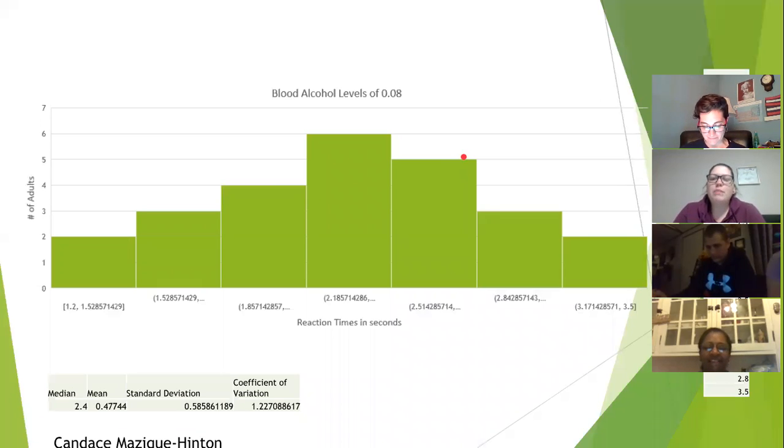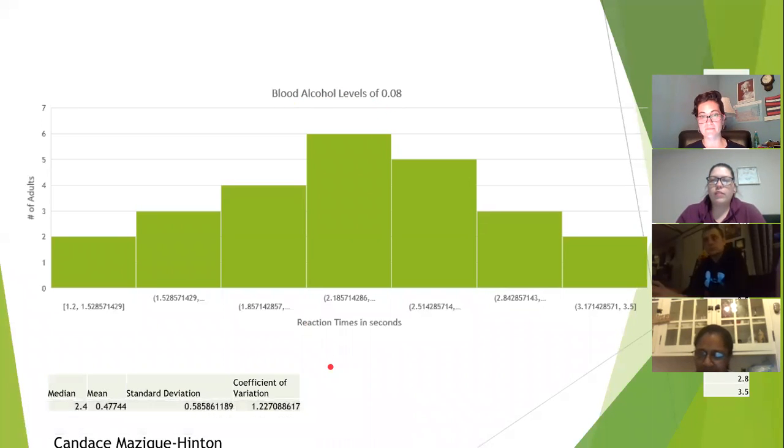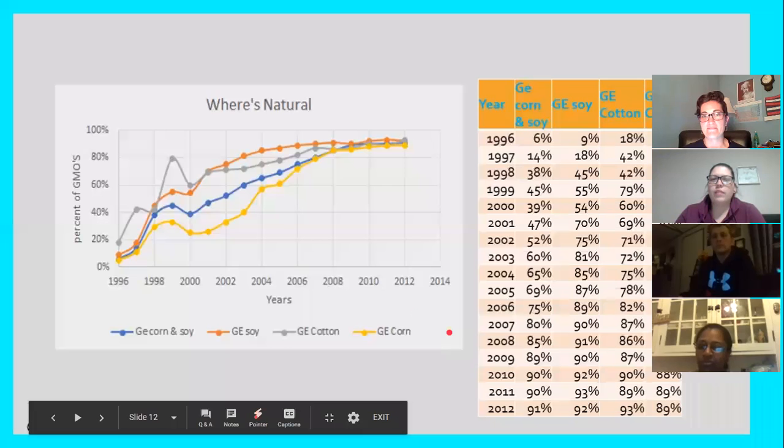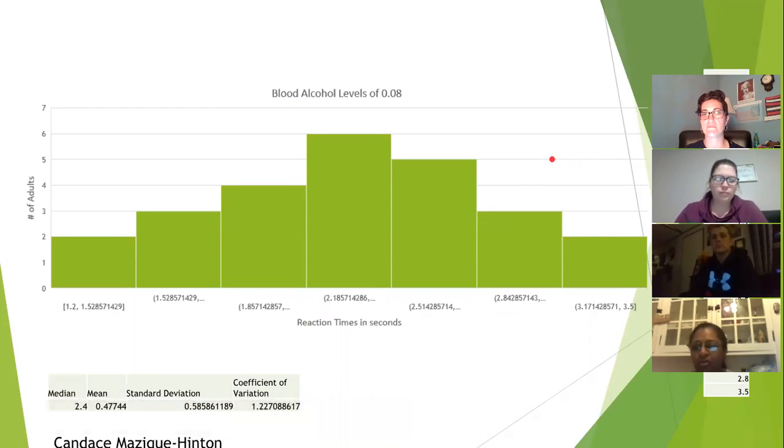Candace, what is BAC? Okay, to break it down, it stands for blood alcohol content, and it's used to define intoxication and provides a rough measure of impairment. By using the formula, well, I won't break down the actual formula, but it's all based off of your weight and your size and whether you're a male or a female.